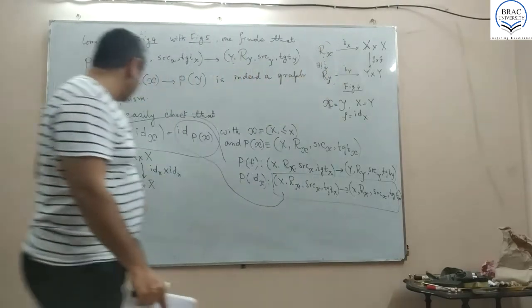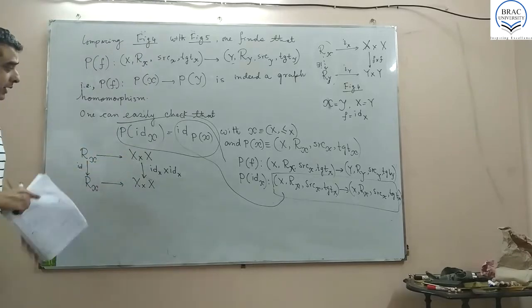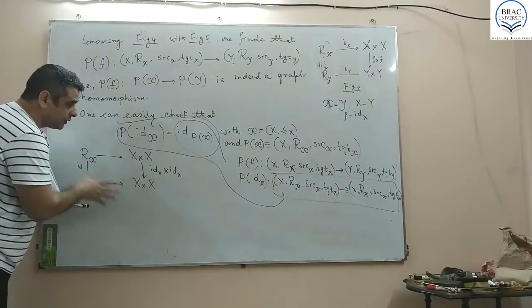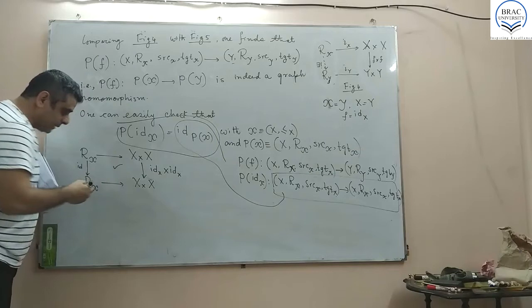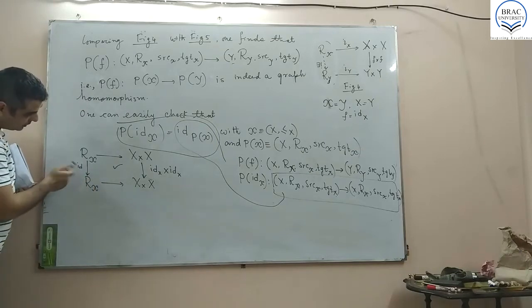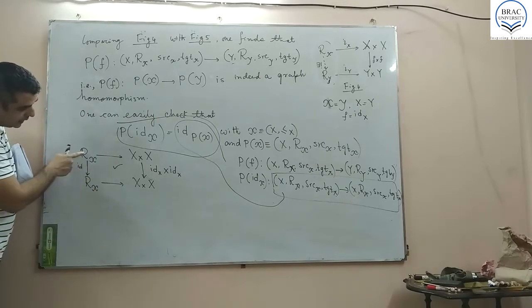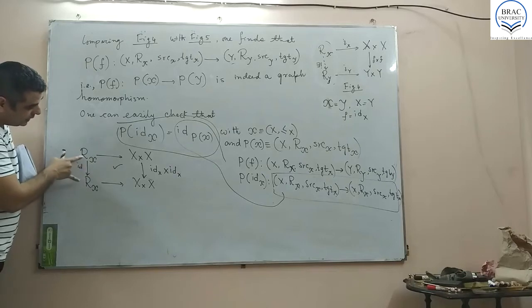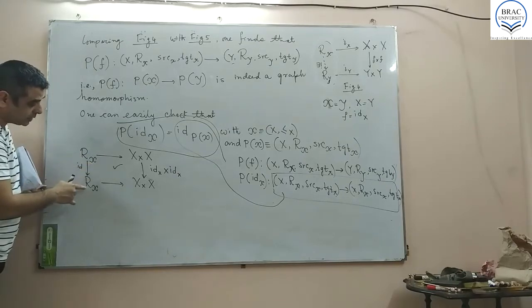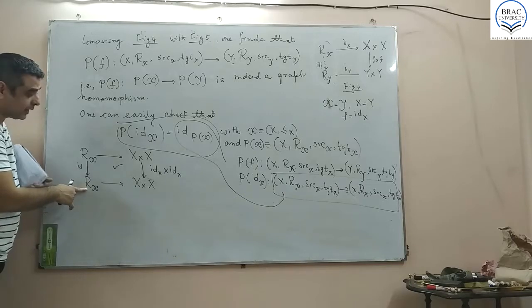We also saw that here, in order for this diagram to commute, you must have this map be an identity map between these two sets, R sub calligraphic X to R sub calligraphic X.